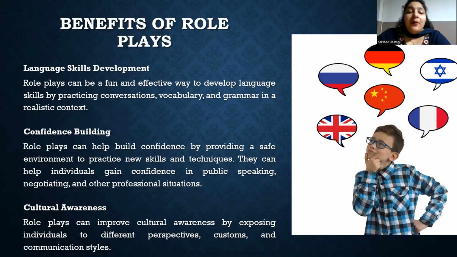Inclusive language: practice using inclusive language and avoiding cultural appropriation. Cross-cultural collaboration: develop skills for effective collaboration with people from diverse cultural backgrounds. Cultural sensitivity: learn to be sensitive to cultural differences in communication, behavior, and values. Self-awareness: develop self-awareness of one's own cultural biases and assumptions.